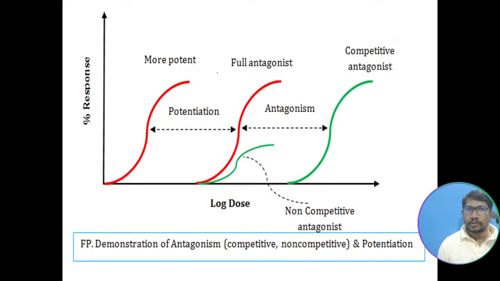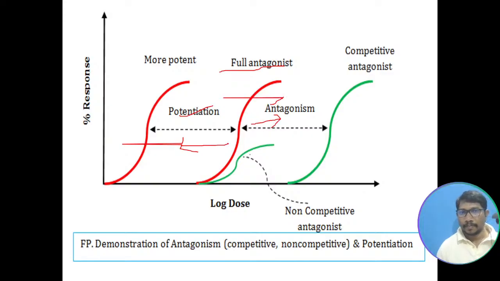So as compared to full agonist, shifting of this curve towards the left side known as potentiation, and shifting of this curve towards the right side known as antagonism. Right.